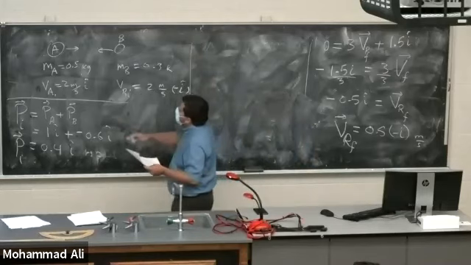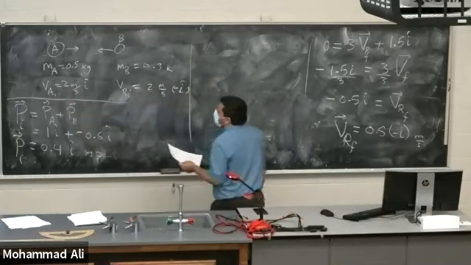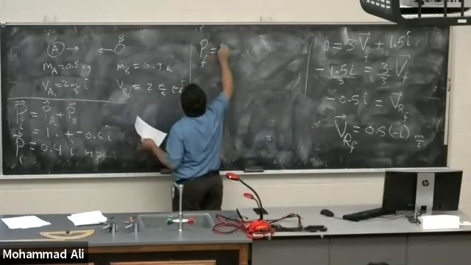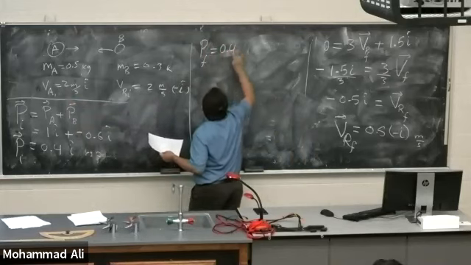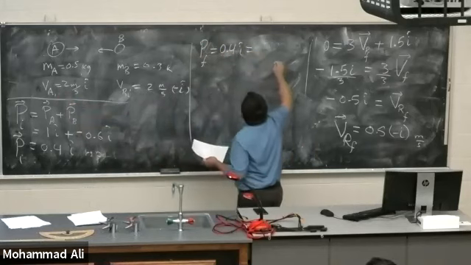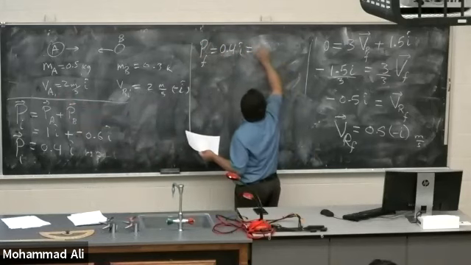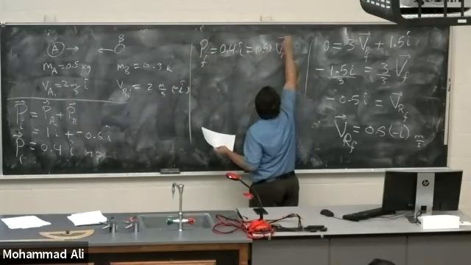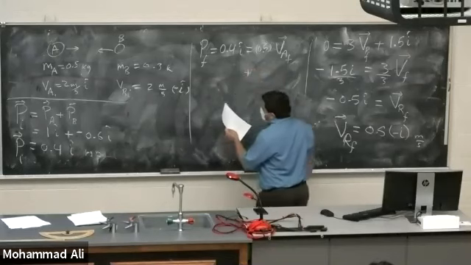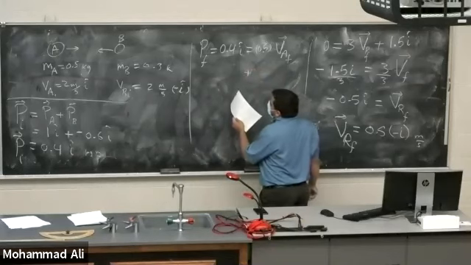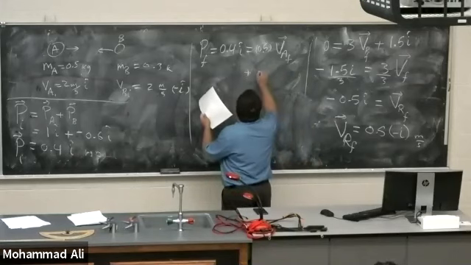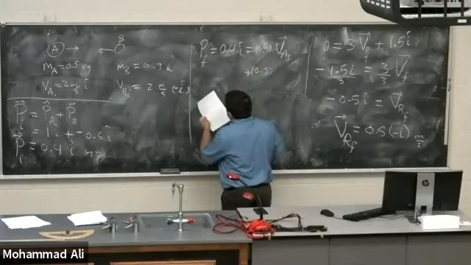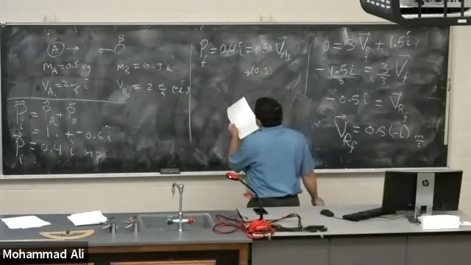We need to find VA finally. The momentum finally should be equal to the momentum initially, which is 0.4 i hat. This is equal to the mass of A, which is 0.5, multiplied by VA finally, plus the momentum of B, whose mass is 0.3 and whose velocity is given as 2 meters per second.